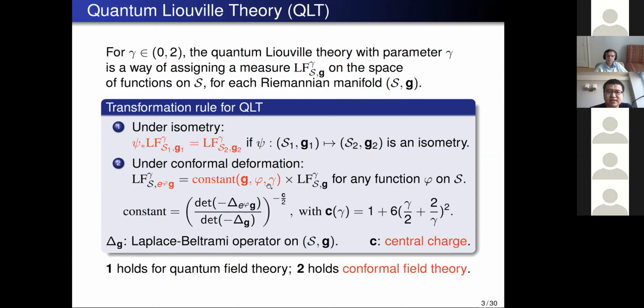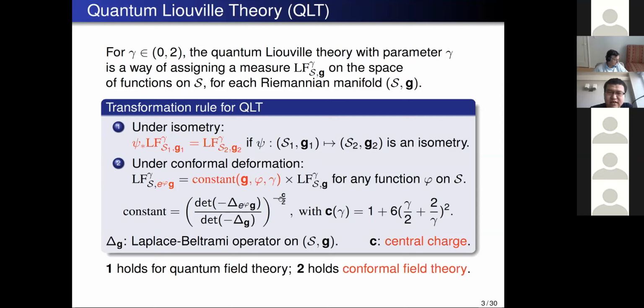This constant actually has the following form. Here, Delta_G is the so-called Laplace-Beltrami operator on the Riemannian manifold, and this number is the so-called determinant of the Laplacian. I will not give the precise definition of the determinant Laplacian in my talk, although it will appear several times, but I will just say that this is a number associated with every Riemannian manifold.